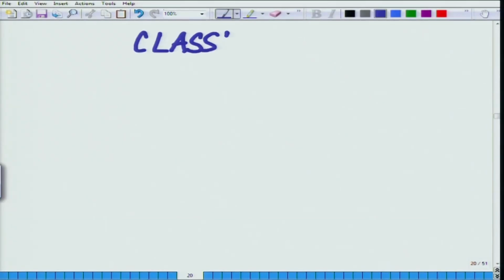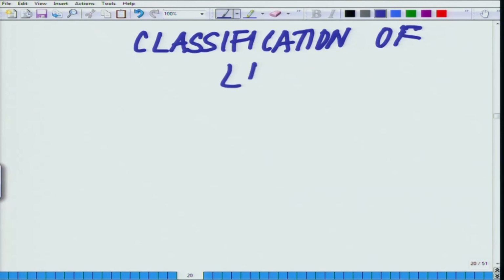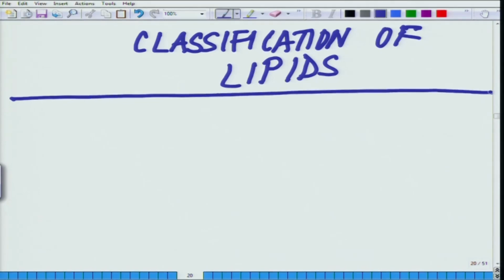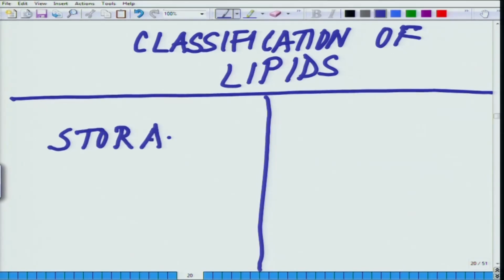So, our next topic is classification of lipids. We started the classification in the last class. The broad classification of lipids is storage lipids and membrane lipids. These are the broadest classification.